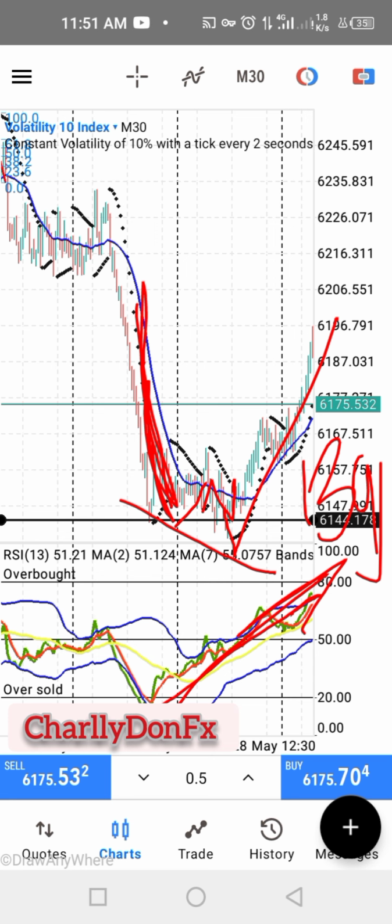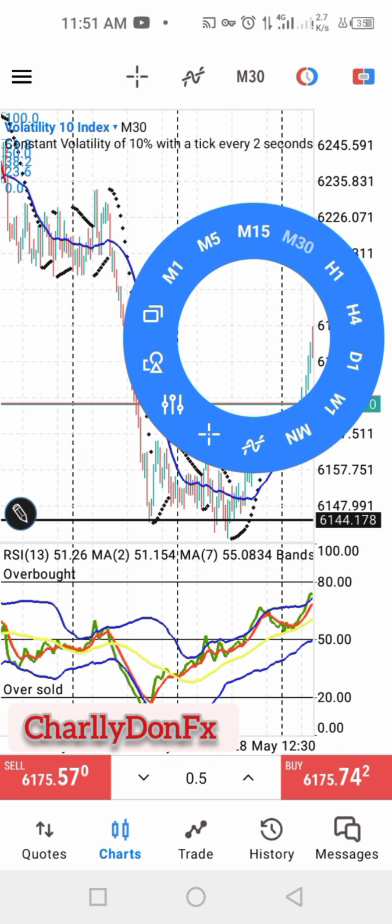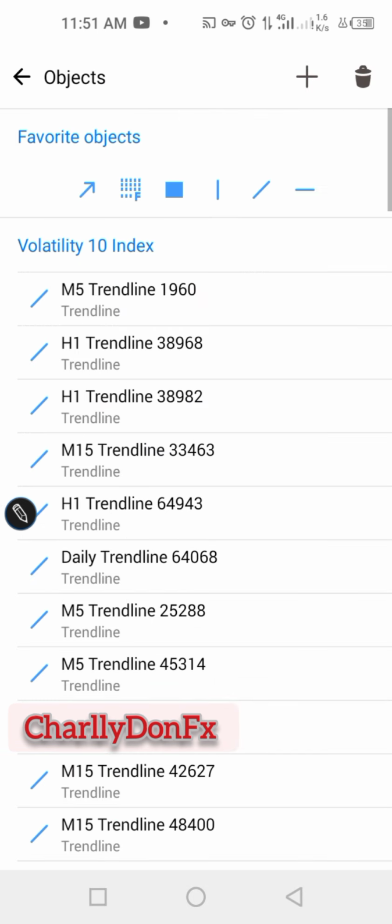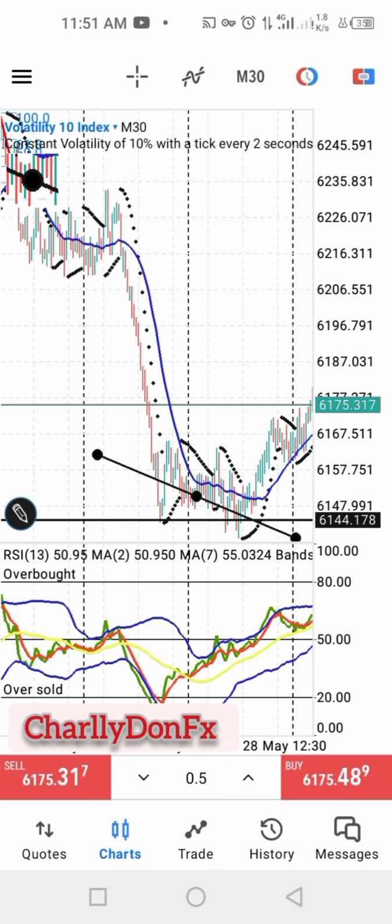The same thing applies to a sell position. So what do we do here, guys? We simply plot our trend line. Can you see that? You agree with me that this is... Hold on, guys, I'm trying to plot the trend line.